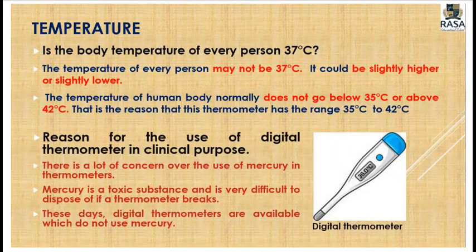Because mercury is a toxic substance, and it is very difficult to dispose of it as the thermometer breaks. Disposing of mercury is a difficult task, because if a clinical thermometer ever breaks, the mercury also comes out. These days digital thermometers are available which do not use mercury. That is why digital thermometers, which are clinical thermometers, are being preferred over the mercury clinical thermometer.